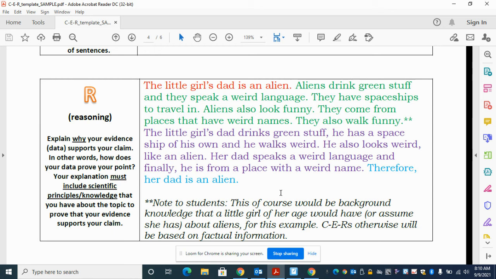So because aliens do those things and my dad is doing those things, then my dad must be a space alien. So the reasoning section, written in paragraph form, kind of restates your claim, lists the evidence, and explains why the evidence supports your claim, based on the knowledge that we think or we know that aliens do those things. So claim, evidence, and reasoning.